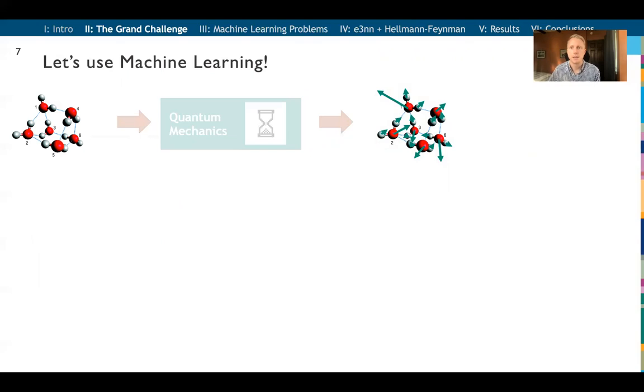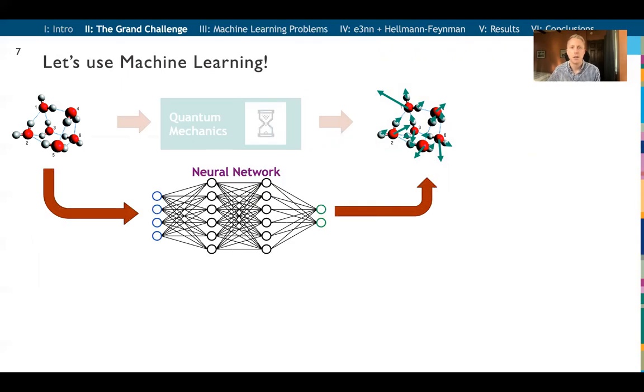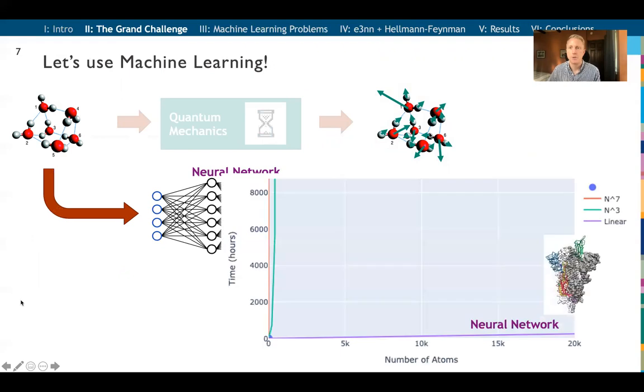Right? We want to replace this expensive quantum calculation with a neural network or some other type of machine learning algorithm that can predict the forces that we can use to simulate things. And of course, the reason here is that neural networks, if constructed appropriately, scale linearly as opposed to polynomially like the examples I just showed you.